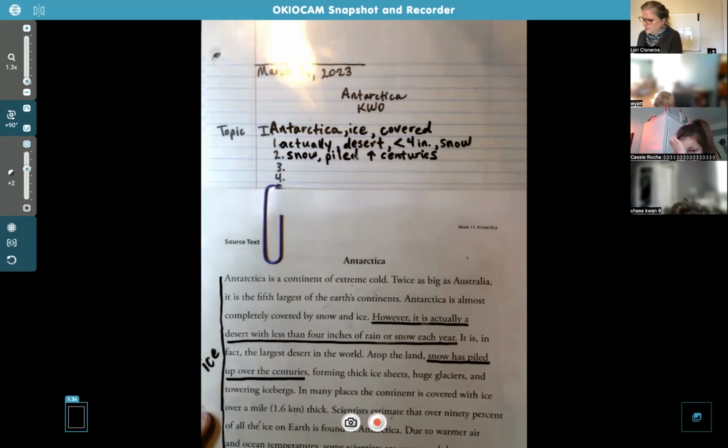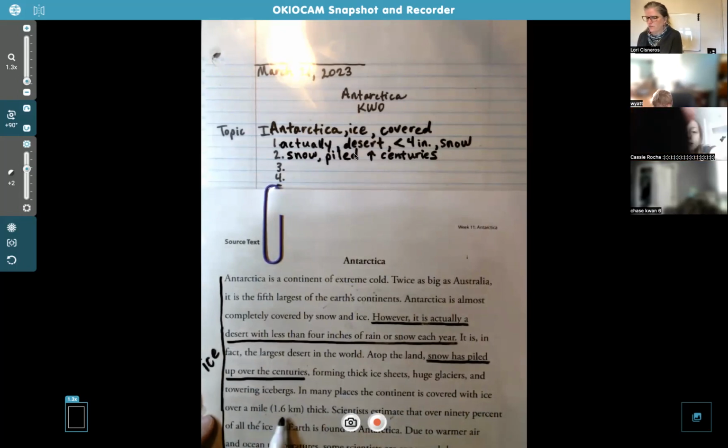All right. So let's keep reading here. This is talking about forming ice sheets, huge glaciers, and towering icebergs. I think we can keep going. In many places, the continent is covered with ice over a mile thick. We don't need to worry about kilometers.